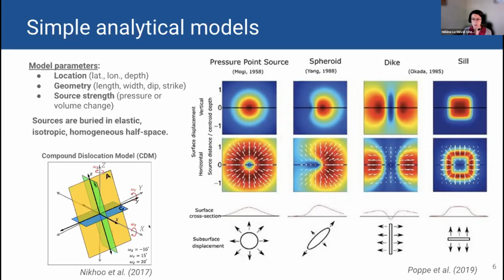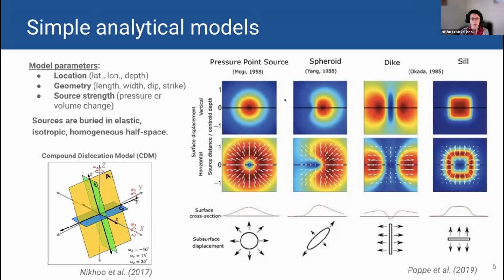Another solution proposed by Nikkhoo and others is the compound dislocation model. It uses 3 orthogonal rectangular dislocations to approximate both the planar and the volumetric sources. We can see that the pattern of vertical and horizontal displacement created at the surface are different for each of those sources.